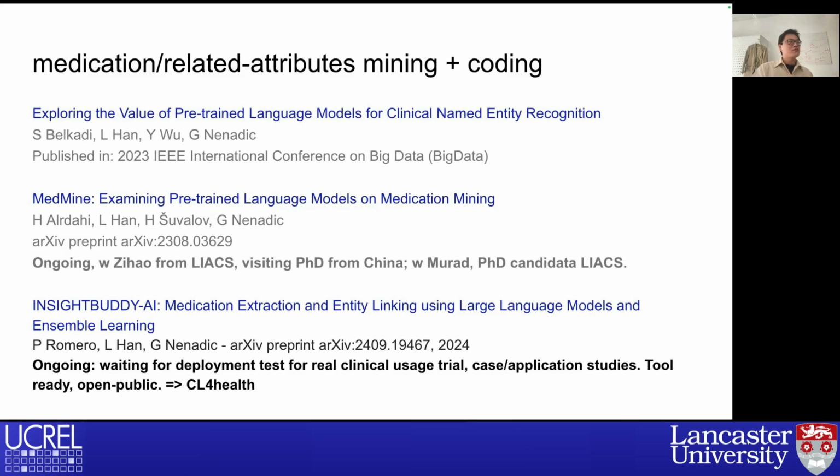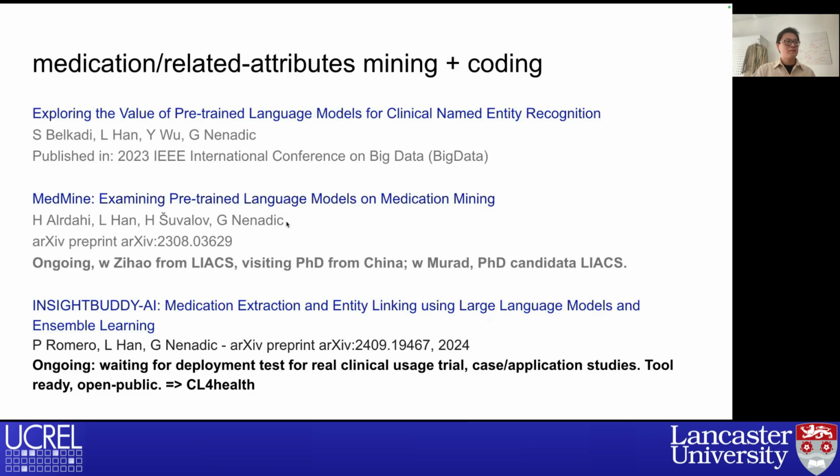So what we have done so far is medication-related attributes mining and coding. We published a few papers in Big Data, and also this year in CL for Health is coming, about exploring the value of pre-trained language models for named entity recognition. So we compare different models.